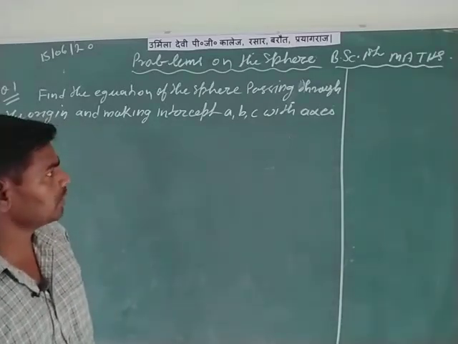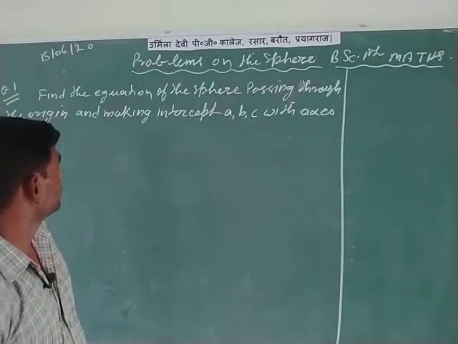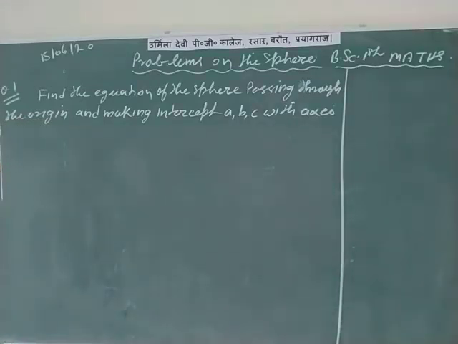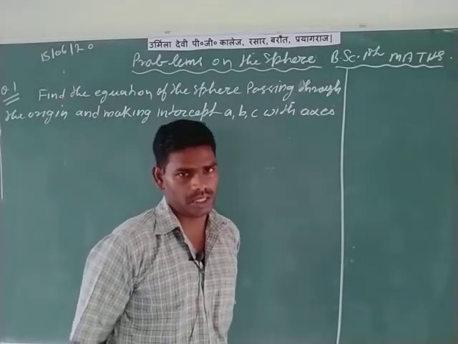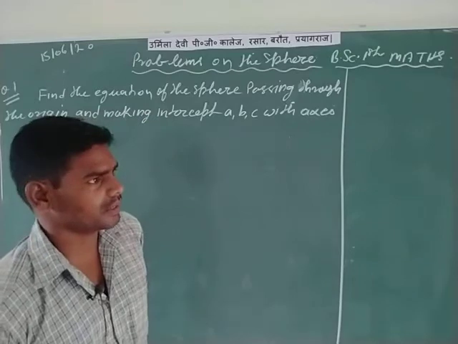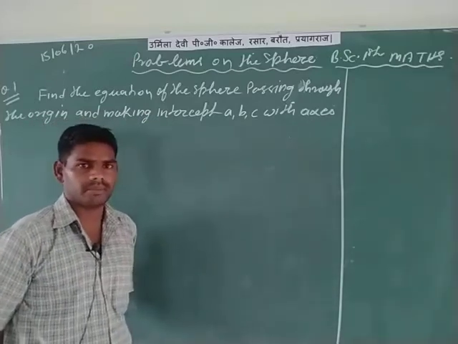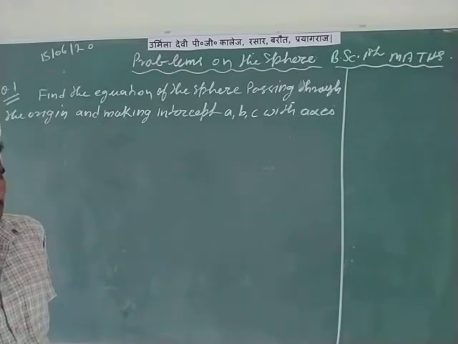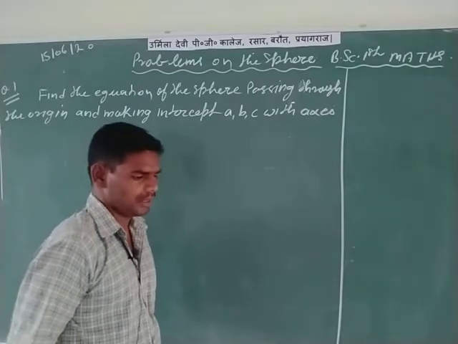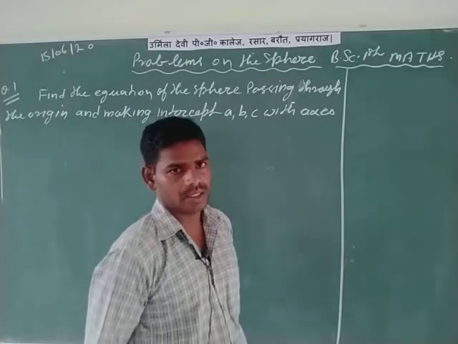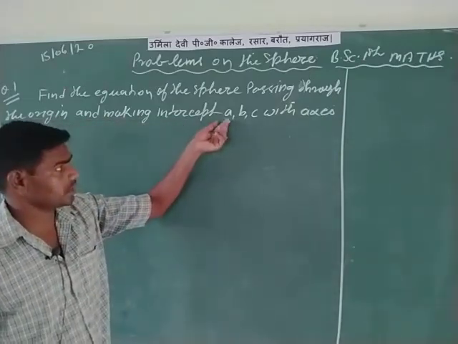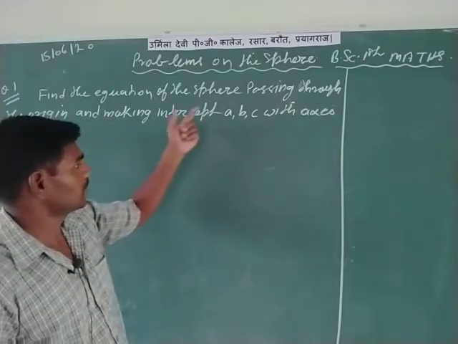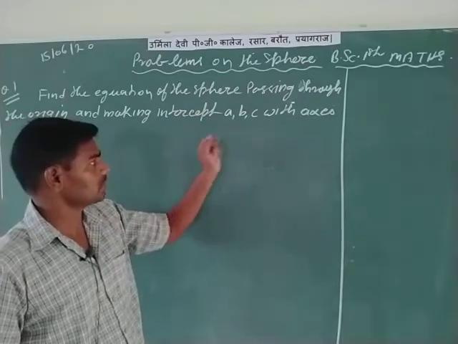In this question, given a sphere which intersects the positive x-axis, positive y-axis and positive z-axis at the points A, B, C, where the coordinates of A are (a, 0, 0), because the distance on the x-axis intercepted by the required sphere is a.